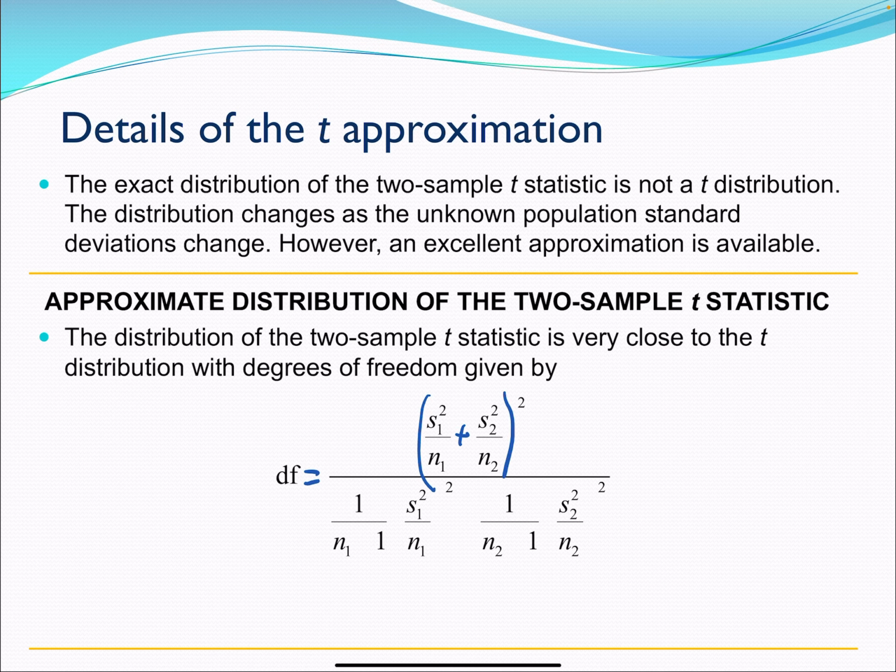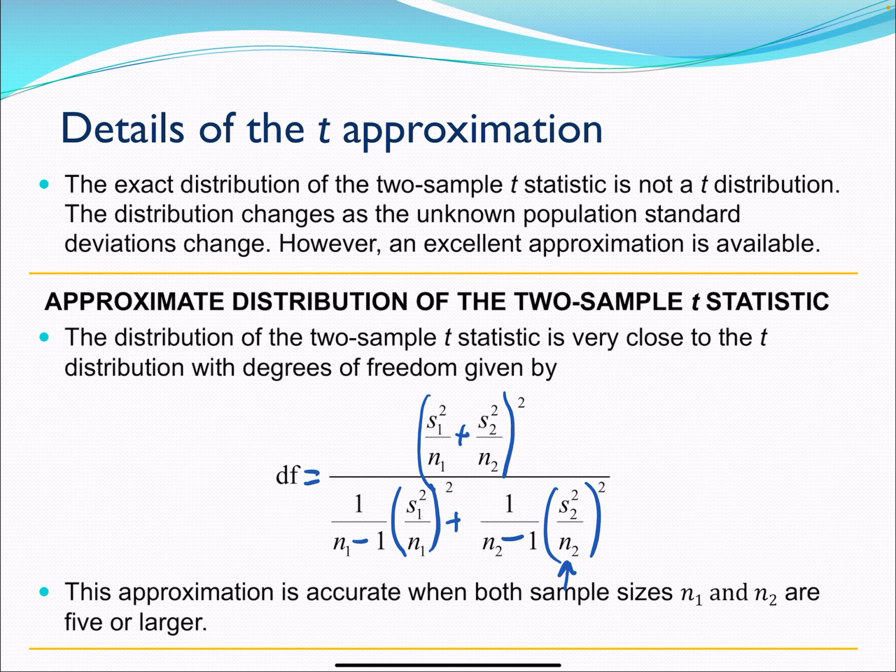So we're squaring things twice, over 1 over the degrees of freedom of sample 1 times the sample standard deviation of the first one squared over the size of the first sample, plus 1 over the degrees of freedom for our second sample times our second sample standard deviation squared over its sample size, squared. And this approximation is accurate as long as n is 5 or larger, as we talked about on the previous page.